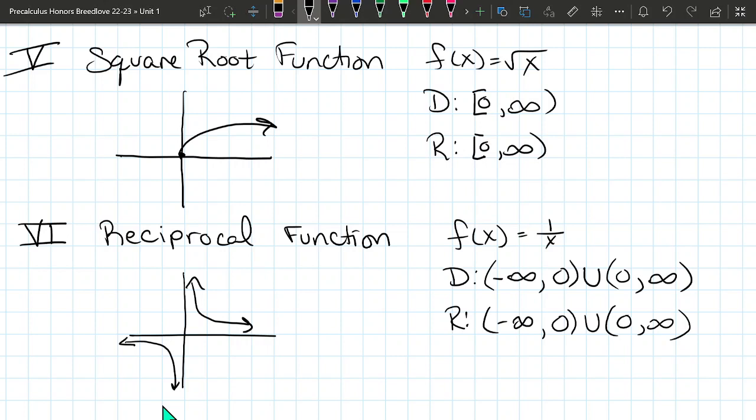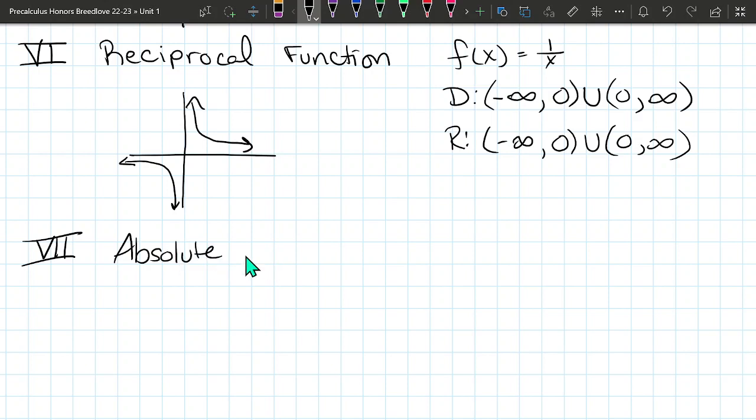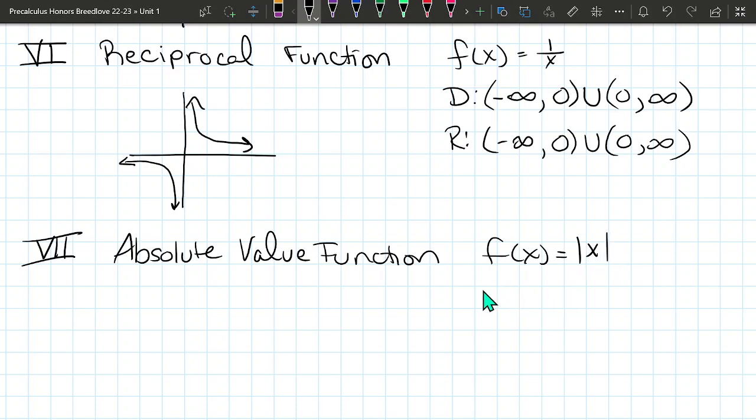And then the absolute value function is next. So we have f of x equals the absolute value of x. And the domain is going to be all real numbers. So you can have negatives or positives, doesn't matter for the domain.